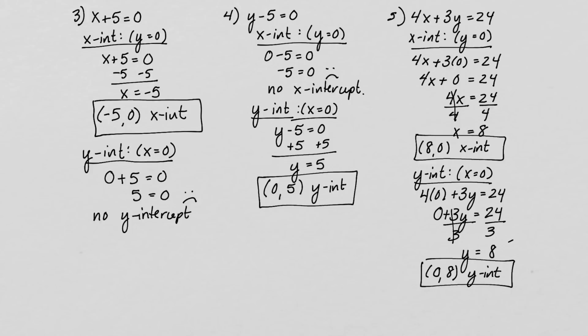So now we're going to move on to a new type of problem. And in these types of problems, we're going to graph lines. So problem number 6 is y equals negative 1/2 x plus 3. And so this line here is already in what we call slope-intercept form.